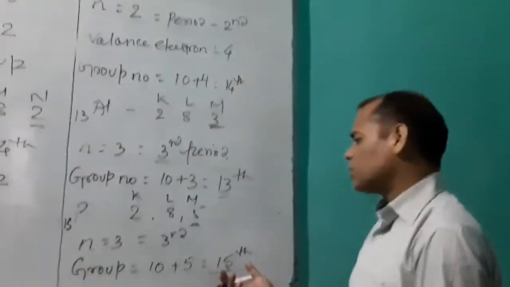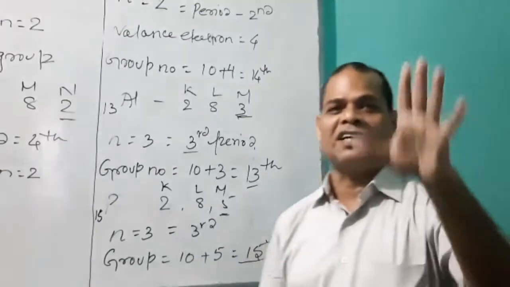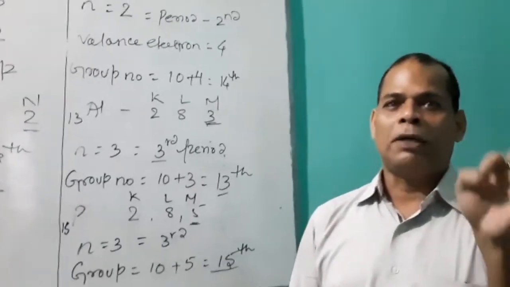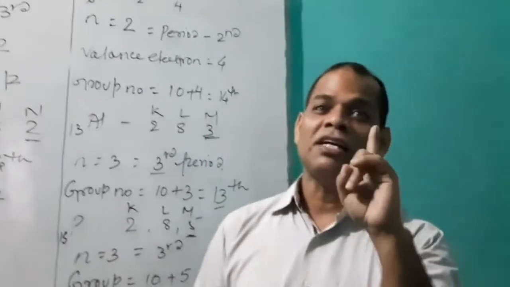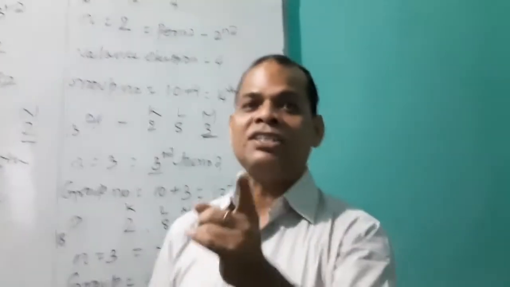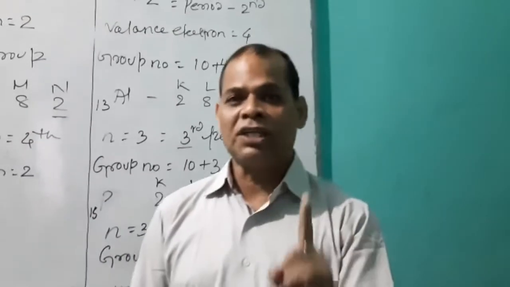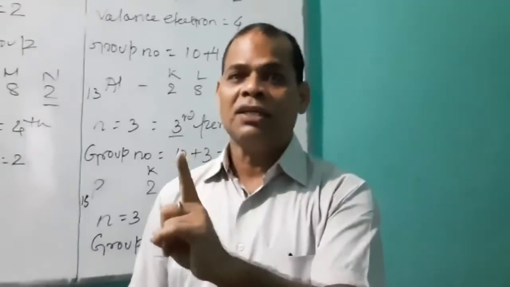So in that case, what is needed to do? 15 minus 10. That will give you the number of valence electrons. Number of valence electrons is equal to group minus 10.